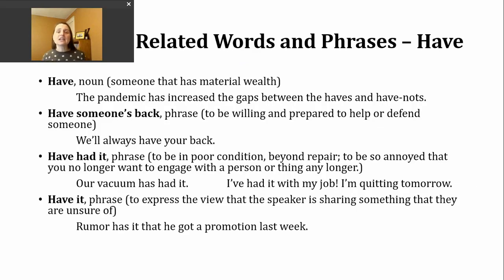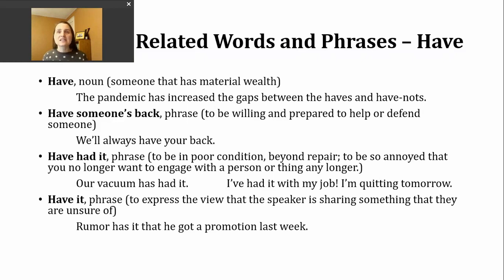Now, let's take a look at some related words and phrases with our verb have. The first one we're going to look at has the exact same pronunciation, exact same spelling. It's just the noun form of this word. So if you hear have used as a noun, it's generally referring to someone that has material wealth.